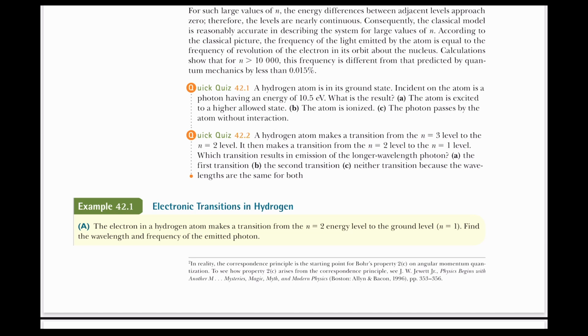So the lower energy is between n equals 2 and n equals 3, because as you saw before, the jump between n equals 1 and n equals 2 is the biggest one. The jump from n equals 2 to n equals 3 is smaller, and then it gets smaller and smaller. So I'm going to say the first transition, n equals 3 to n equals 2, is the lower energy, therefore the lower frequency, therefore the longer wavelength.